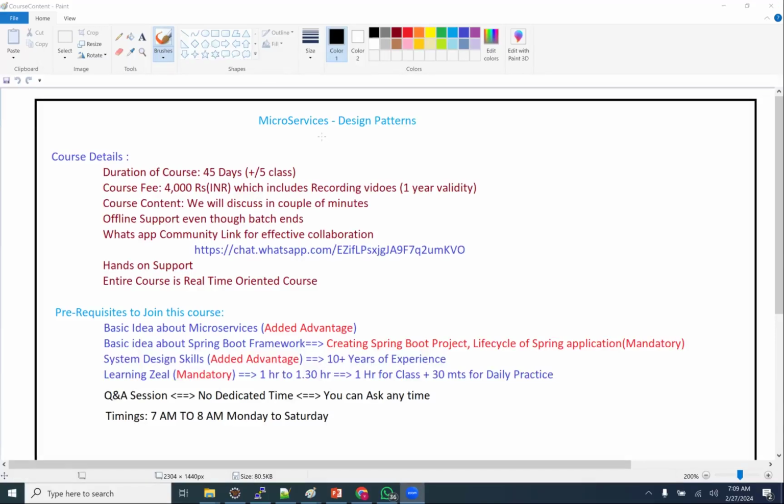Microservices design patterns, session 2.